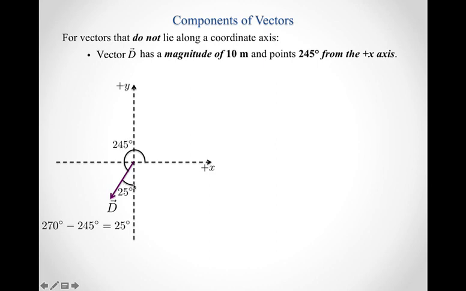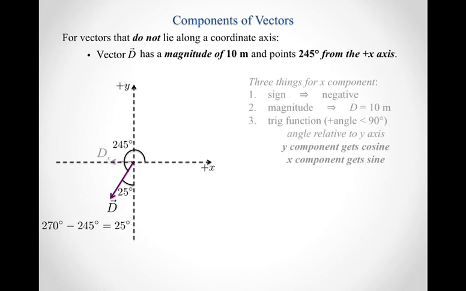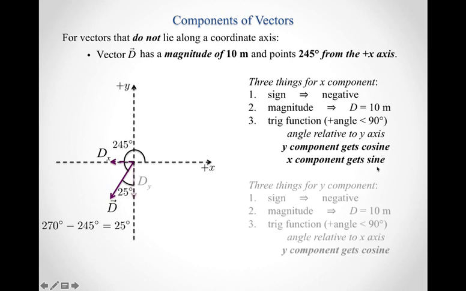And so again, now that I've defined this angle relative to the y-axis, I need to pay attention to that information when I'm picking the trig functions for my components. So for my x component, again, it's still going to be negative, still a magnitude of 10 meters, but now because that's a 25-degree angle defined relative to the y-axis, the y component's going to get cosine of 25 degrees, which means the x component's going to get the sine.